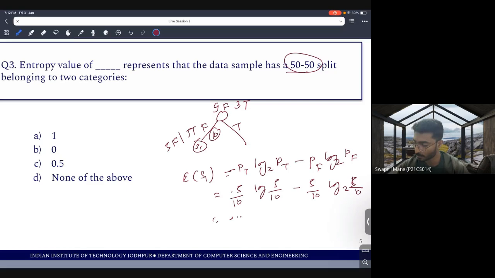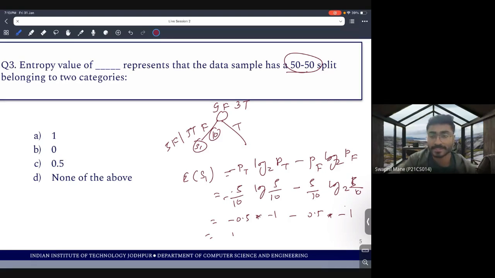So this is 0.5, and here we are getting minus 1 from the log base 2 of 0.5, and then it is 0.5, and we are getting minus 1. So my handwriting was a mistake here.